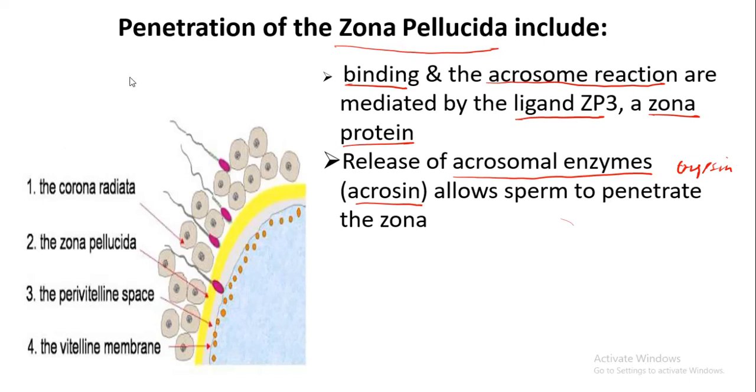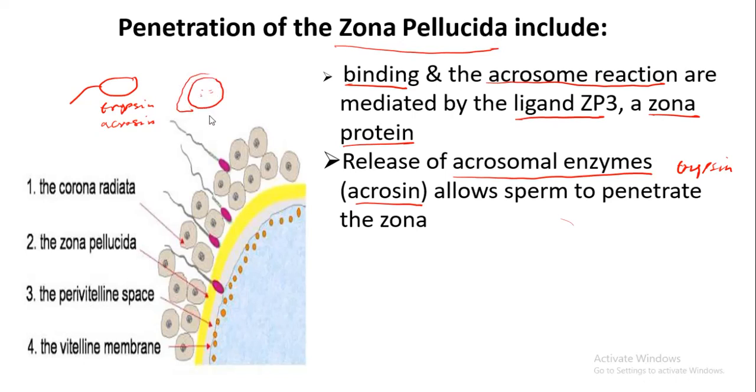So here is the thing. The sperm is releasing trypsin, and it is also releasing acrosin. Then you have this side, the egg surrounded by the zona pellucida.